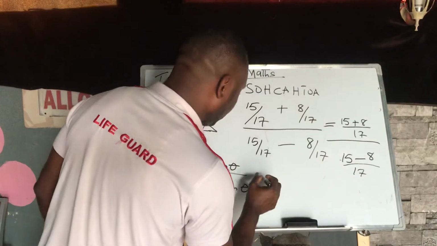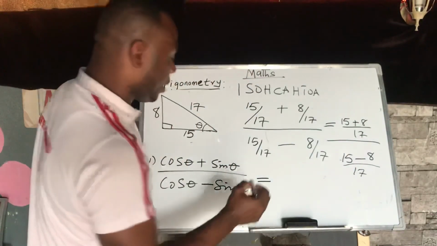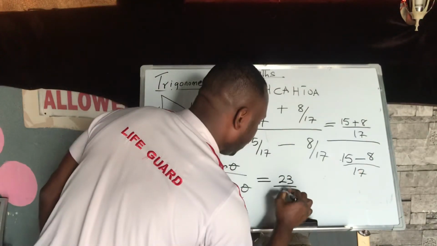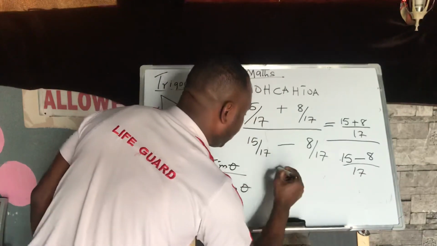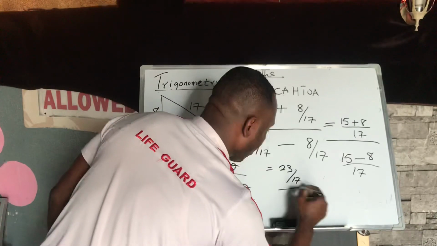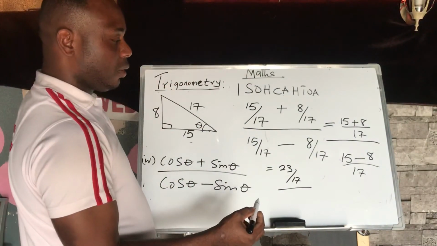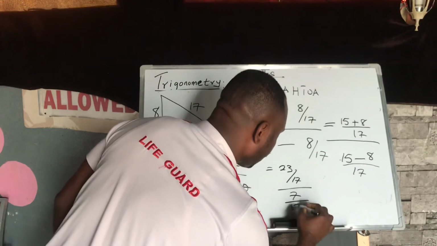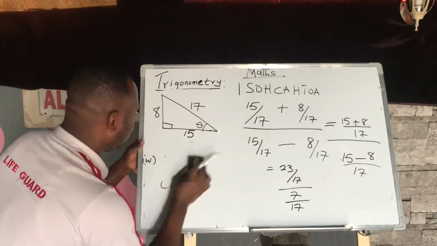Now, 15 plus 8 will give you 23. 23 over 17, all over 15 minus 8, which will give you 7. 7 all over 17.